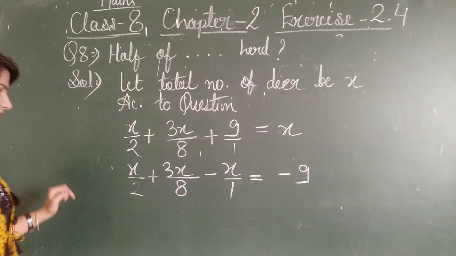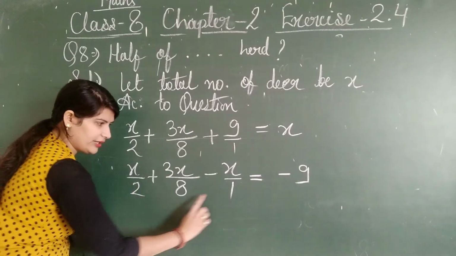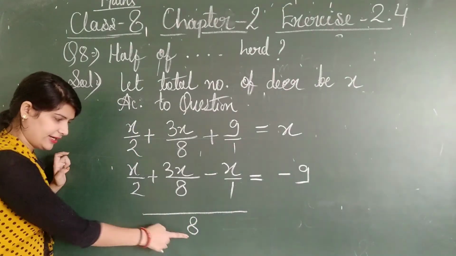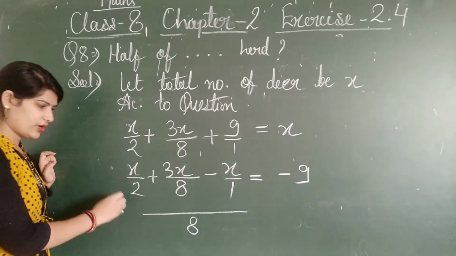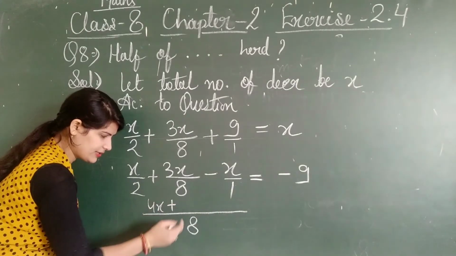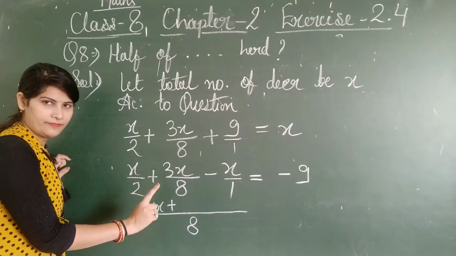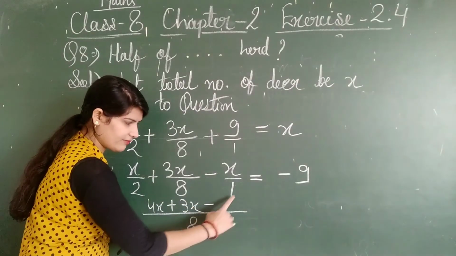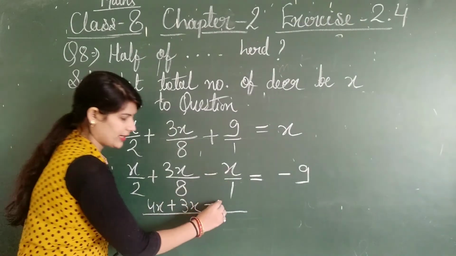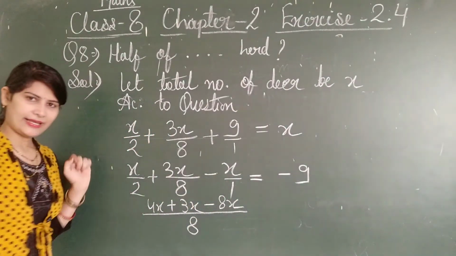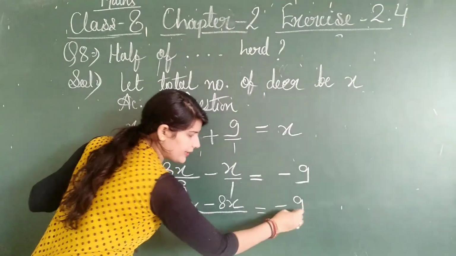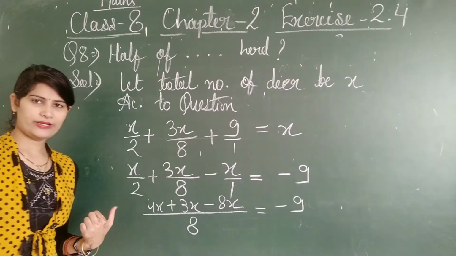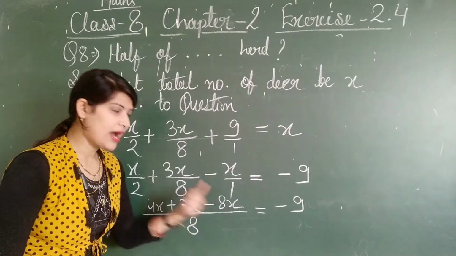Okay, now solve step by step. 2, 8, 1. What is the LCM of 2, 8, 1? 8, right? Now 8 divided by 2, you will get 4. 4 into x, 4x, plus 8 divided by 8, you will get 1, 3x as it is, minus 8 divided by 1, you will get 8, 8 into x, minus 8x.